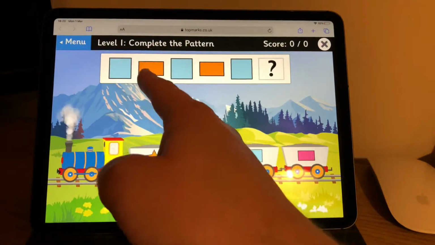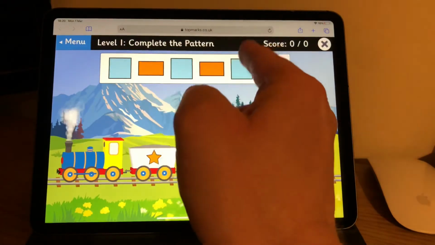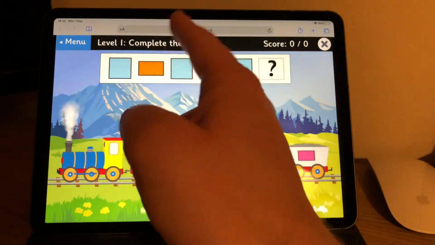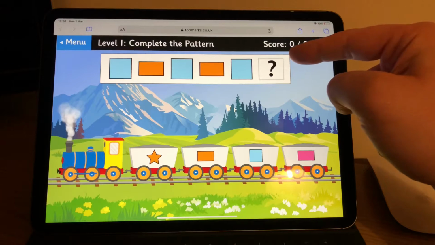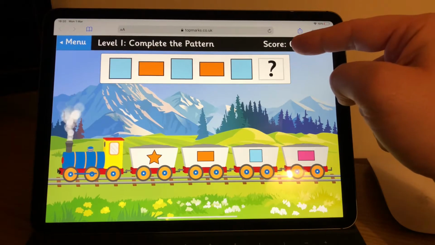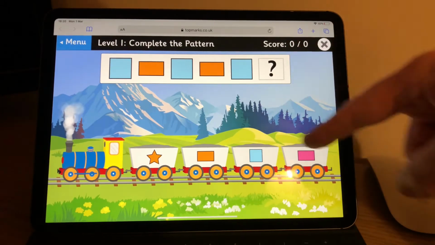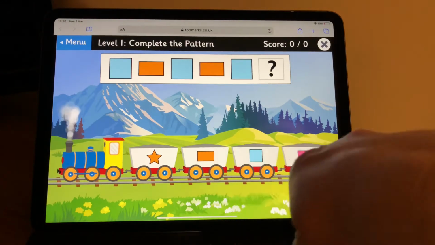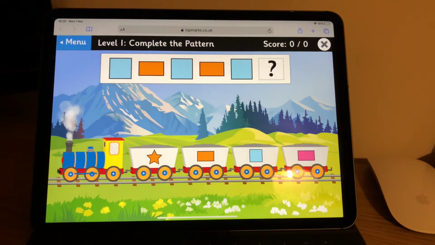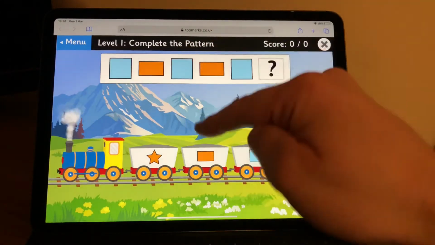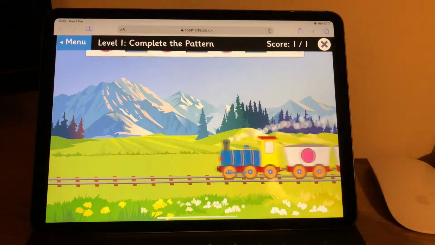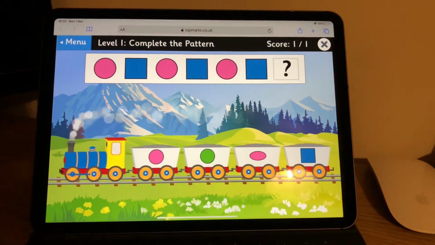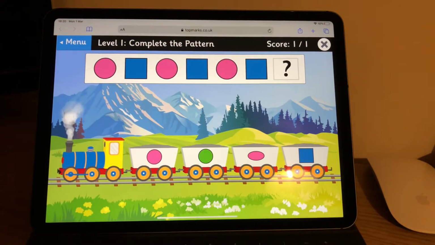Yeah, square, rectangle, square, rectangle, square. Or I could say square, oblong, square, oblong, square. So it needs to be what next? Yeah, an oblong. But when I look down here, look, there are 2 different oblongs. So which one should it be? Yeah, it has to be the orange one, because look, that would be the repeating pattern. So you could have a go at this game and then also have a look at the other levels if you think that's a bit too easy.